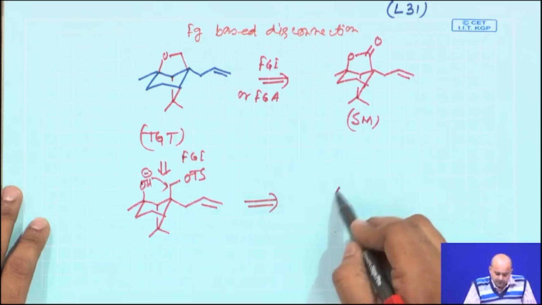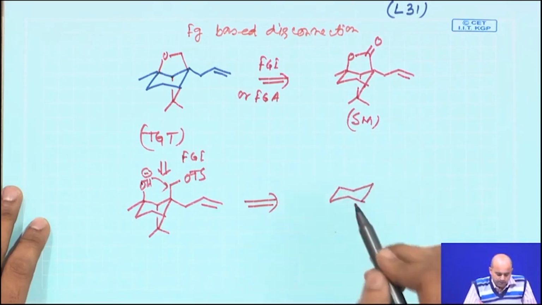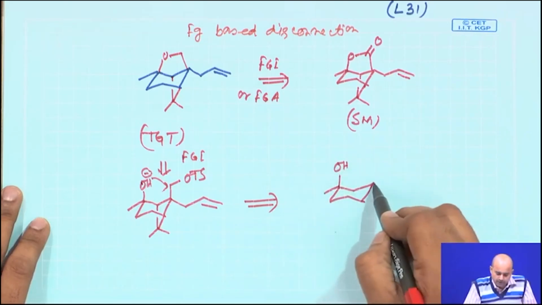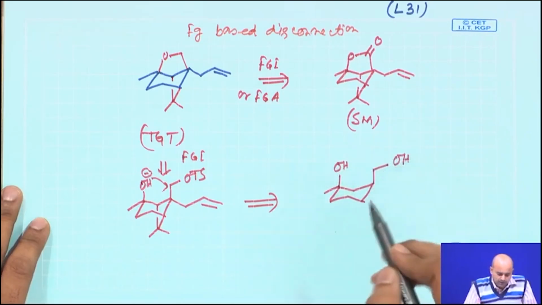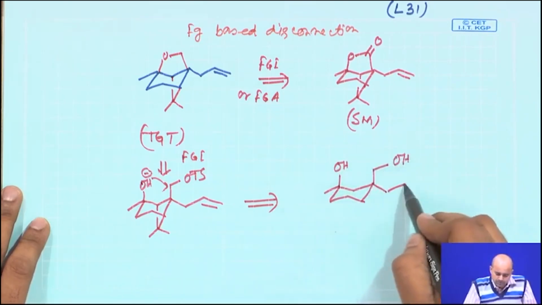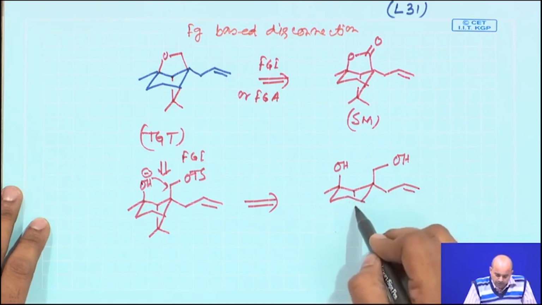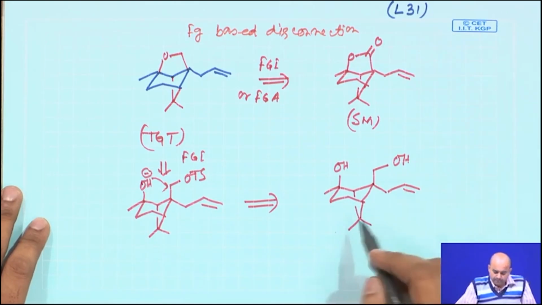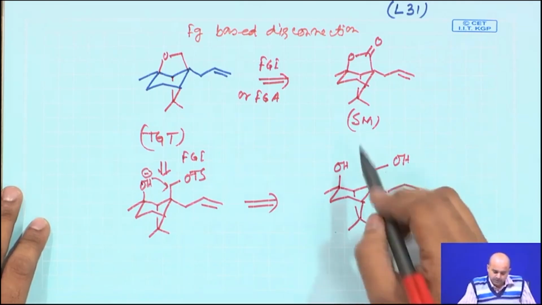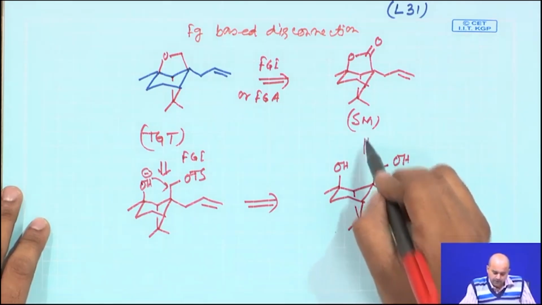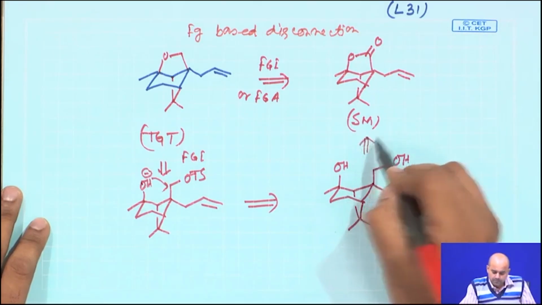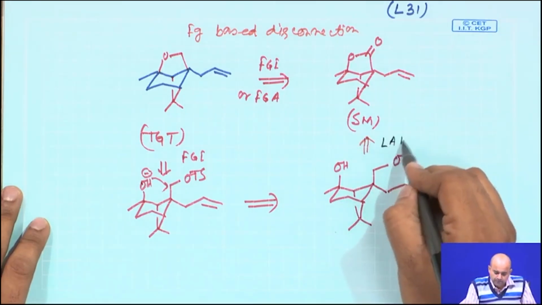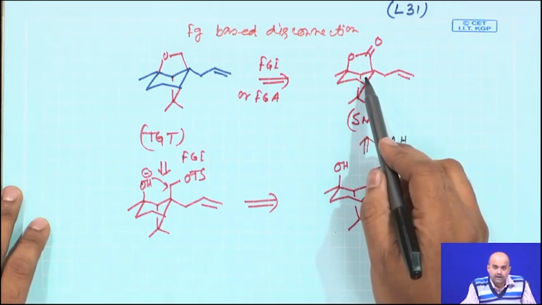I say this intermediate can efficiently be constructed if you have the corresponding diol. Now, this diol has this structure, and it can be easily prepared by a reductive cleavage of this starting lactone.